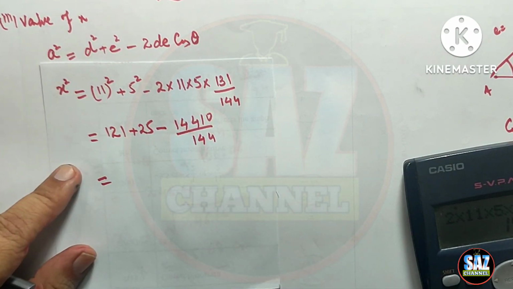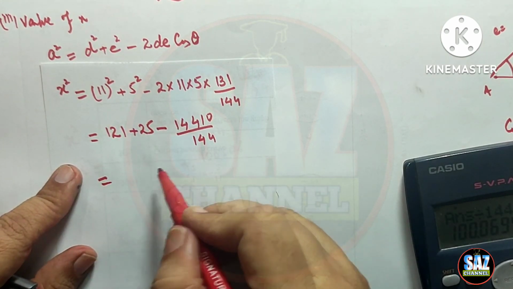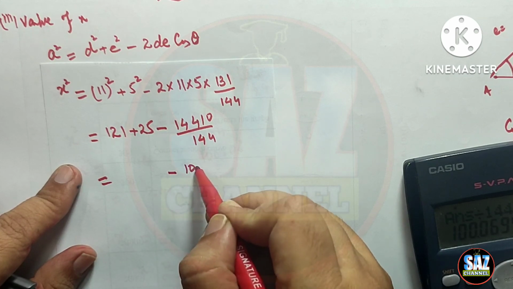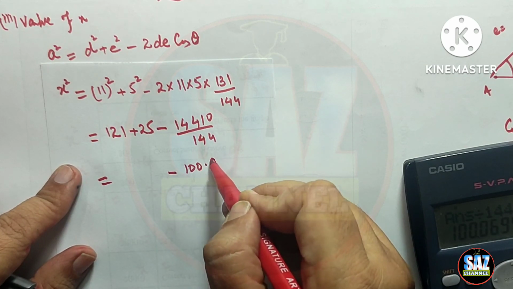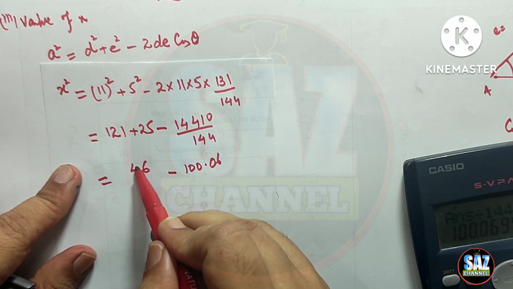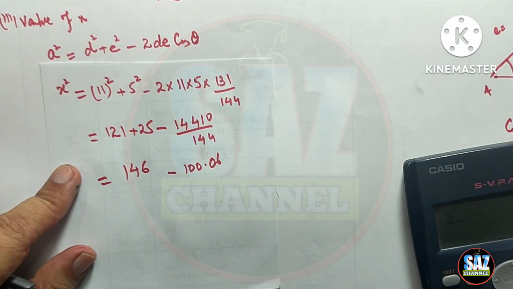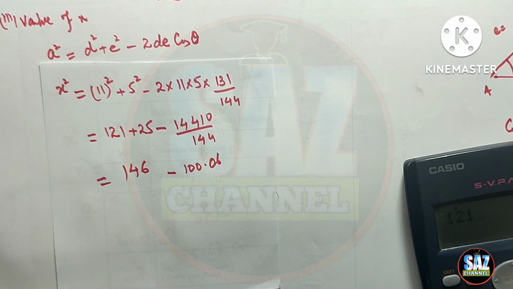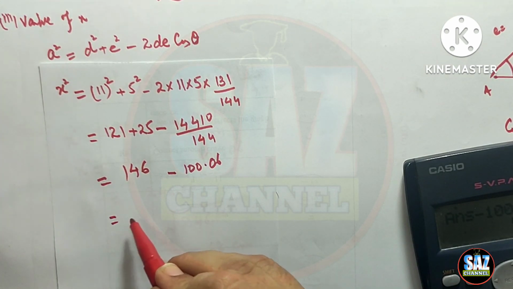Let me divide this at this stage so that the working becomes less and easy. That gives 100.06. Adding 125 plus 121 plus 25, this is 146, minus 100.06, and this gives me 45.94.